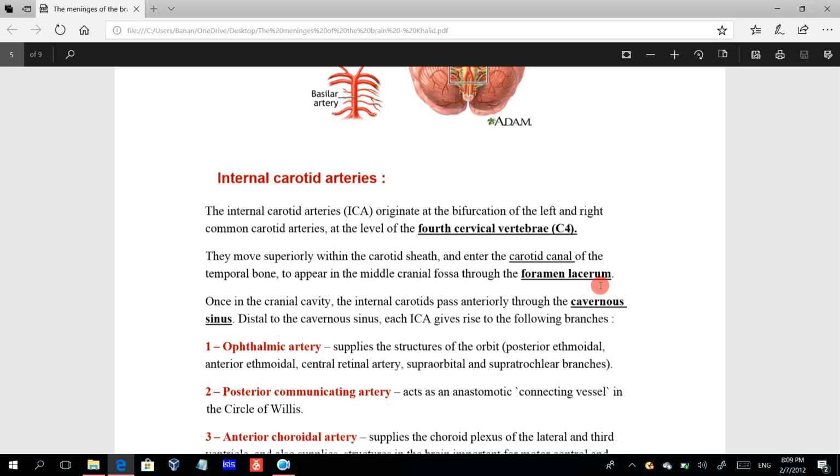It is not direct. The carotid canal does not pass directly from outside to inside of the cranial cavity. No. The artery will pass in the canal, and this canal runs slightly in an anterior direction, forward for a short distance, and then the artery will curve to enter the middle cranial fossa, also within the temporal bone, through the foramen which is called foramen lacerum.